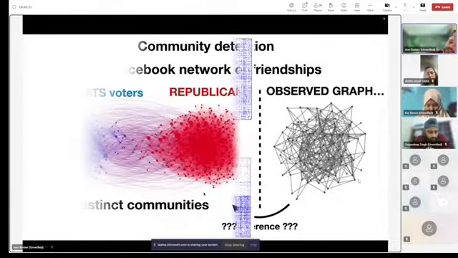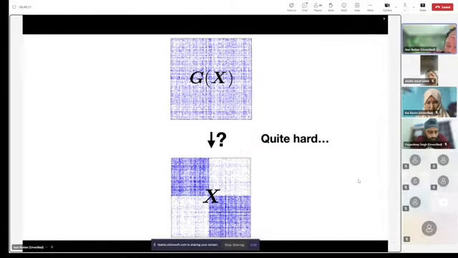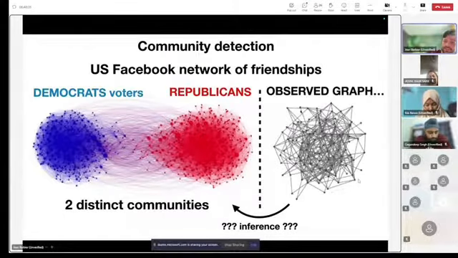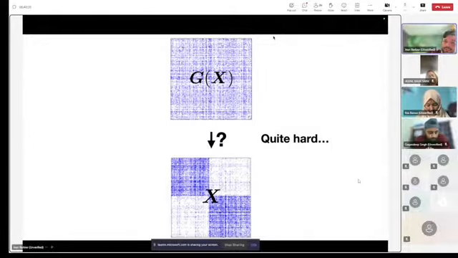This is a hard problem, and another equivalent way to see the problem, by the way, it's exactly the same thing, is that I give you an adjacency matrix, which looks like this. This is the adjacency matrix of this graph. Rows and columns are indexing the nodes, and I put a one in this matrix if they are connected in the graph, okay? And so I give you a random permutation of this adjacency matrix, and you're trying to find what is the right permutation of the columns and rows, such that you exhibit this community structure.